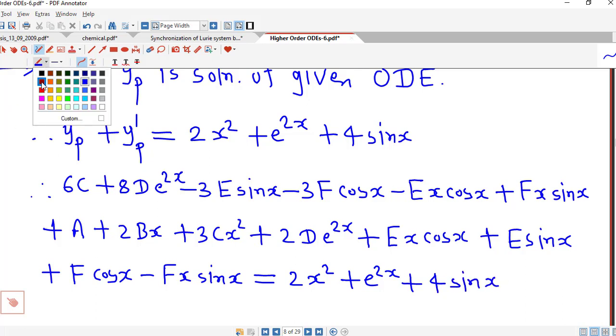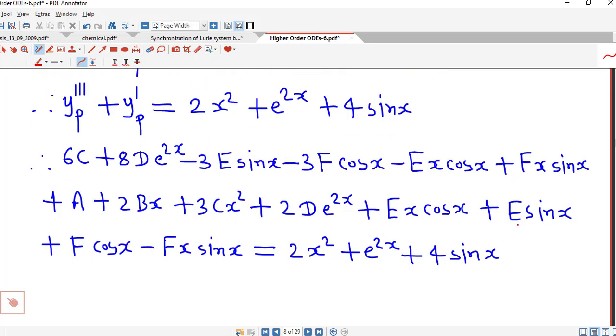Now let me check whether any terms which we can combine. So here we have e sin x, here we have e sin x, and any other term with sin x. Okay, so that will become minus 2e sin x. Similarly 3f cos x, here minus 3f cos x, f cos x. So these are the two terms with cos x, and we can see ex cos x and minus ex cos x will cancel each other.